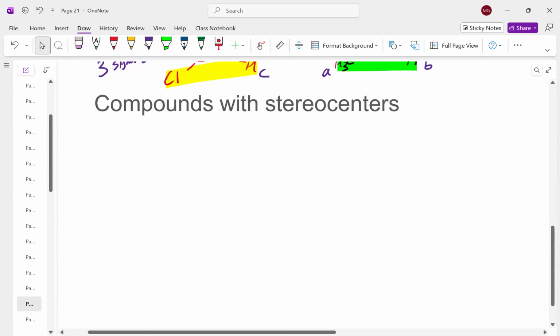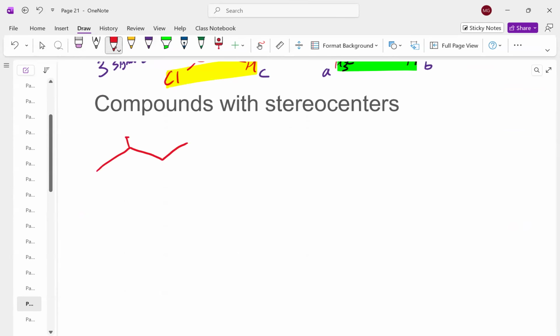Now, probably one of the trickiest ones is dealing with compounds with stereocenters. So let's draw this out. And I'm going to draw all these hydrogens here. And there's a reason why I'm giving those two hydrogens some stereochemistry.